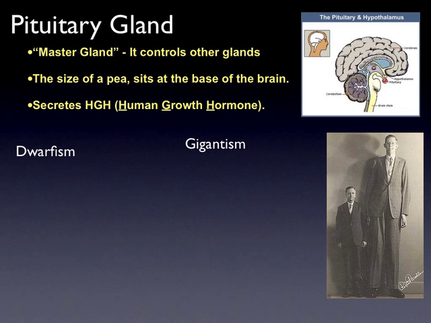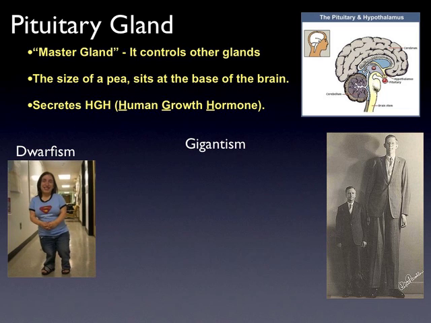But with human growth hormone, and a lot of these endocrine glands, there can be disorders in which there is too little. If a person is born and their body produces too little human growth hormone, that could lead to what's called dwarfism, which is when a person does not grow to a normal average height.